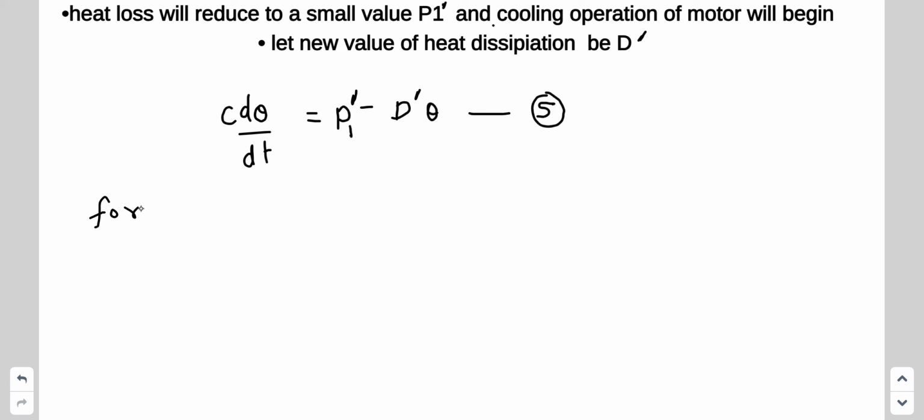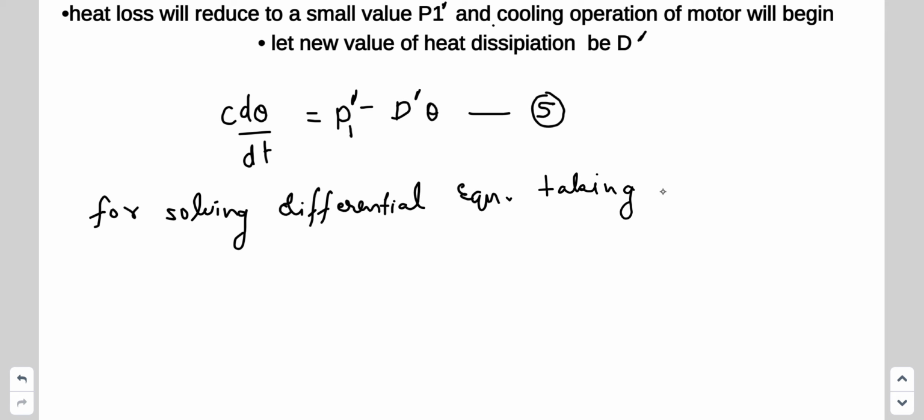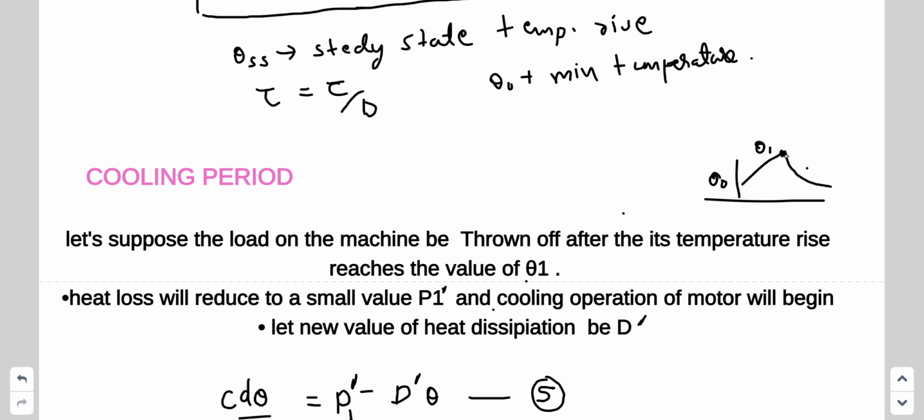Now for solving this differential equation, taking the initial condition: we are doing the cooling operation, so the initial condition is theta 1.